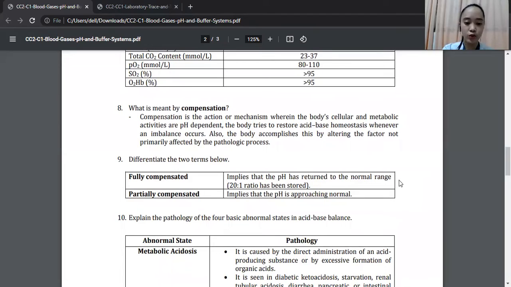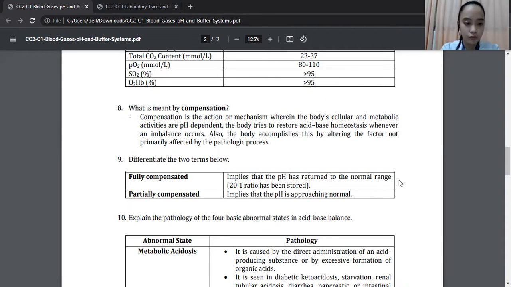So yun, sinusubukan ng katawan na i-restore or ibalik yung acid-base homeostasis sa tuwing may imbalance na nangyayari. And also, the body accomplishes this by altering the factor not primarily affected by the pathologic process. Ito naman sa fully compensated and partially compensated.